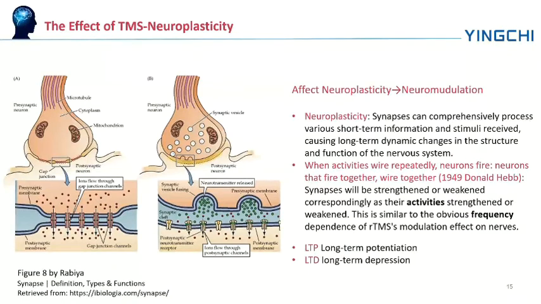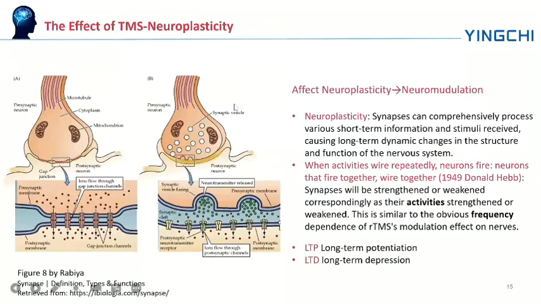One of the important things for TMS is that it is not only a stimulating tool, but it can achieve neuromodulation. One important thing about neuromodulation is neuroplasticity. It means synapse.